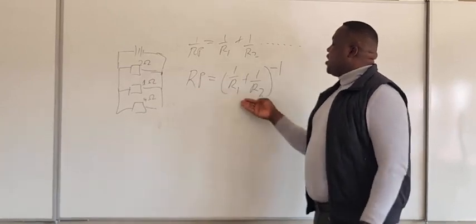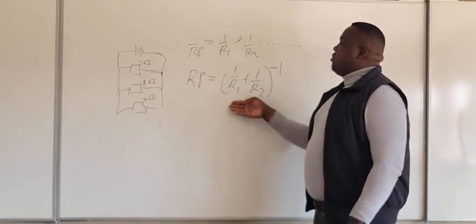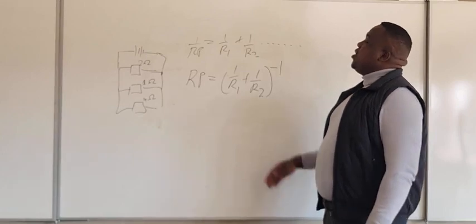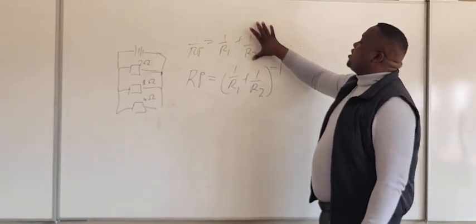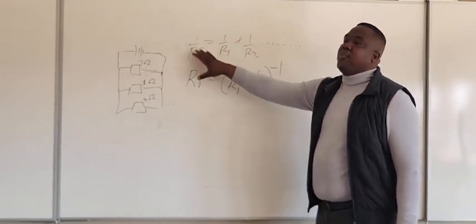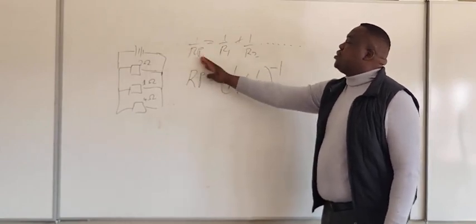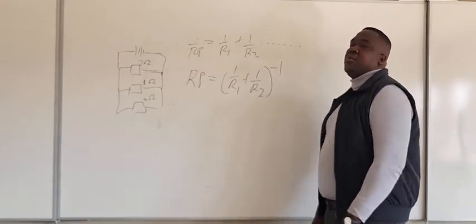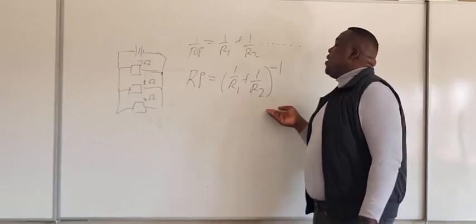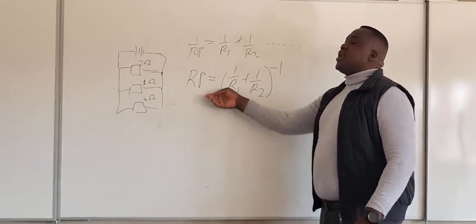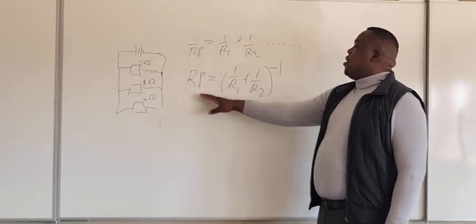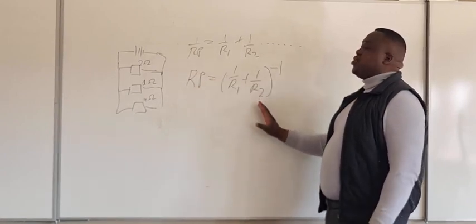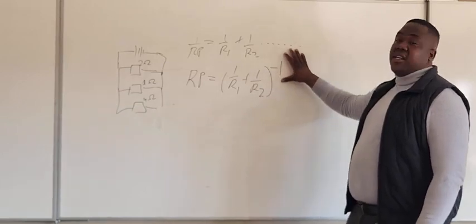This one is straightforward because kids make mistakes by writing 1 over RP, then they think what is on this other side is equal to RP, yet they still need to make RP the subject of the formula. So this formula has already made RP the subject. You can see that it is RP equals 1 over R1 plus 1 over R2 to the power -1.